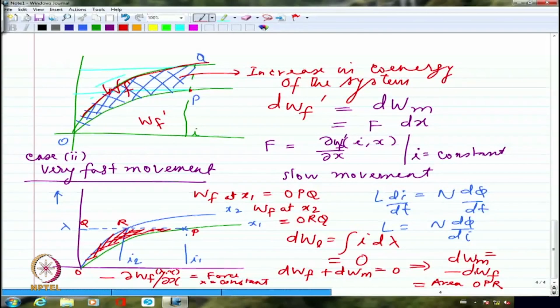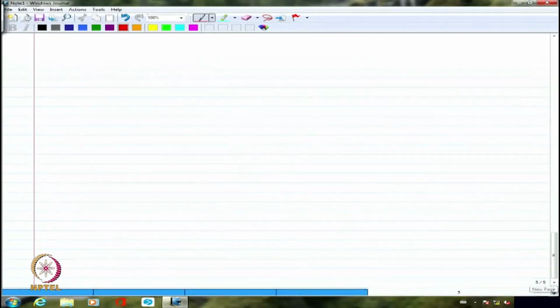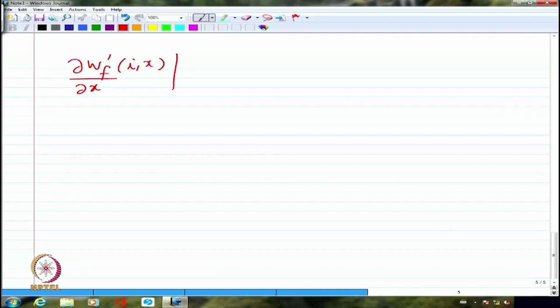Lambda as a constant. So let me write these two expressions once again. Let me write that dou Wf dash, which is a function of i and x, divided by dou x, with i equal to constant, will give me the force. This is for slow movement.